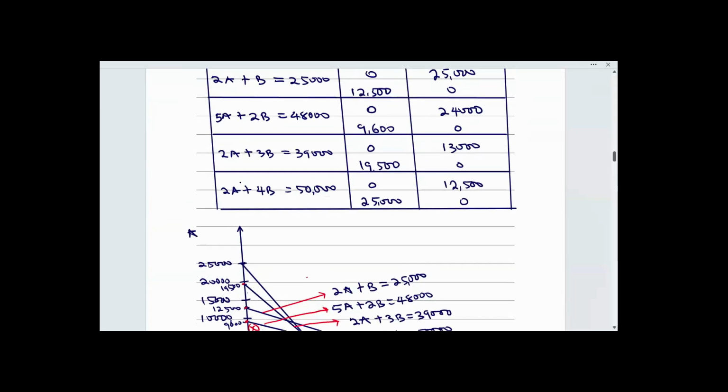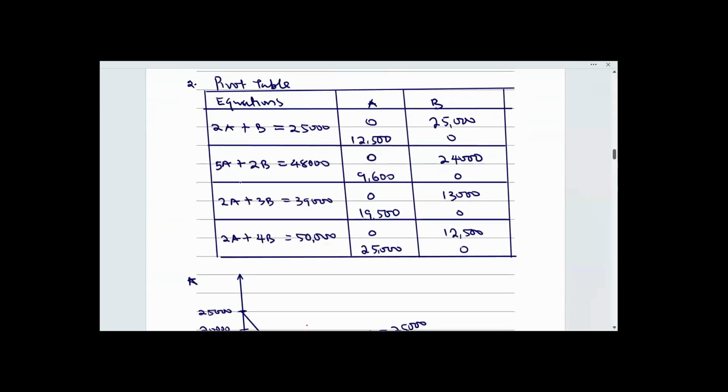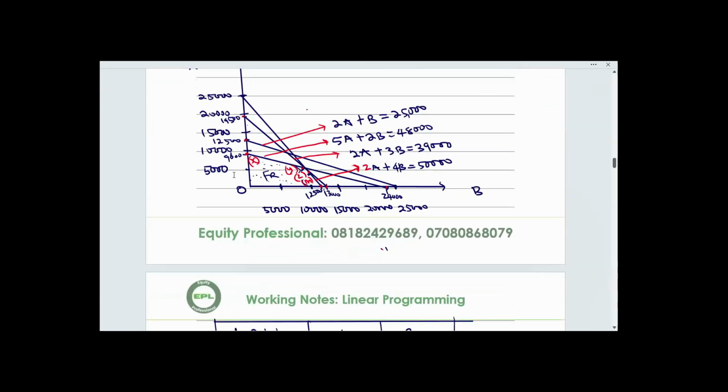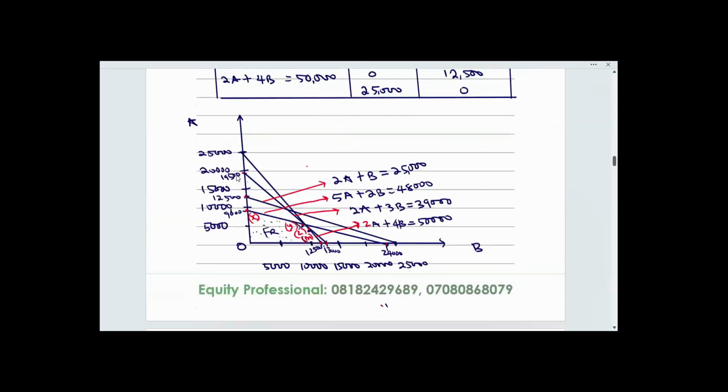On our pivot table, where do you have? So that's equation number 2. Equation number 2 is the 9,600 and 24, which is equation 5A plus 2B. So I would then say at point Y, 5A plus 2B equal to 48,000.